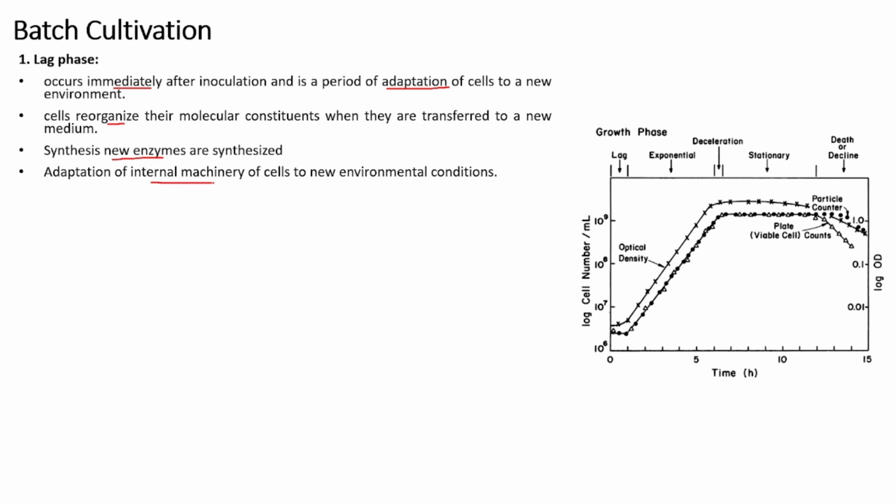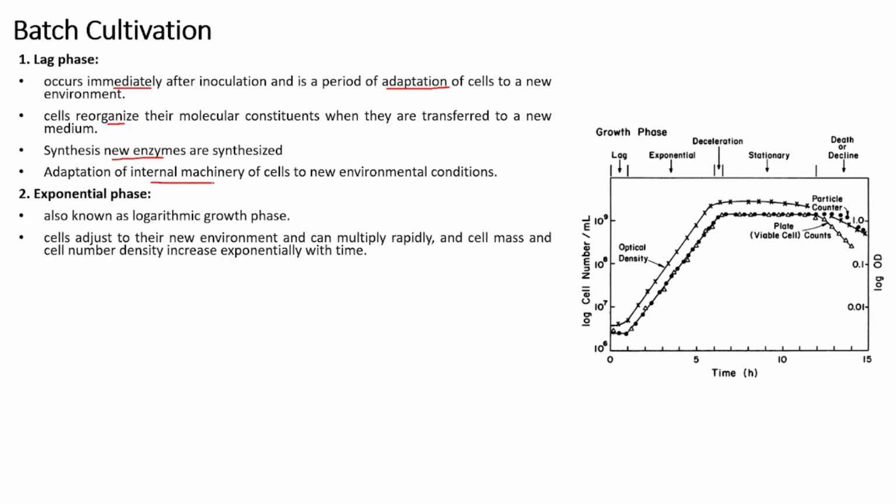Now after this lag phase comes the exponential phase. Okay, so what happens during the exponential phase? This is also known as the logarithmic growth phase. So basically this is called as the exponential phase because the cells multiply exponentially during this phase.